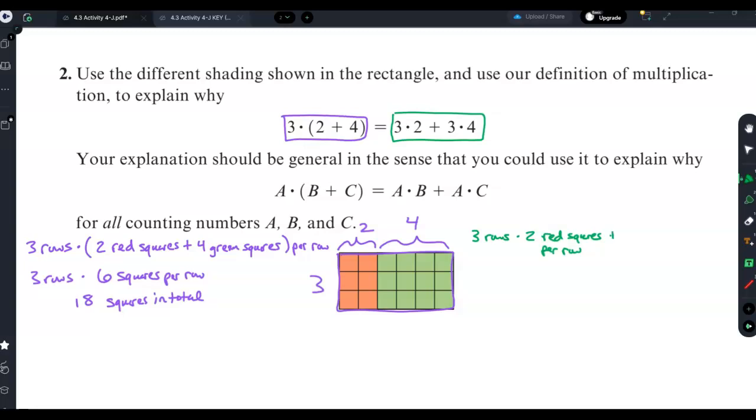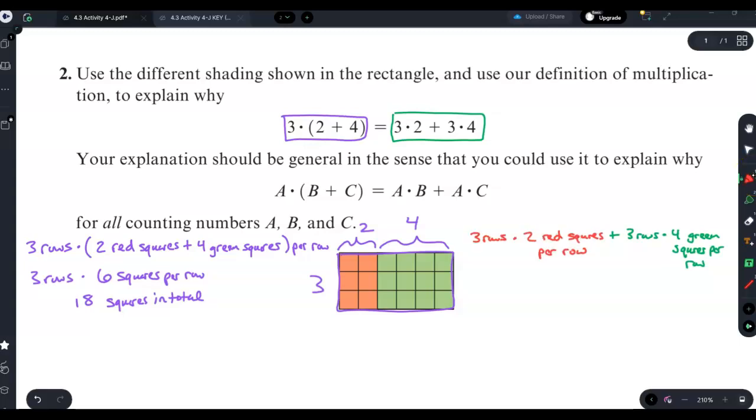And then I'm also going to do 3 rows times 4 green squares per row. I changed it to red, just to make it red and green, or orange if you want to make it orange.